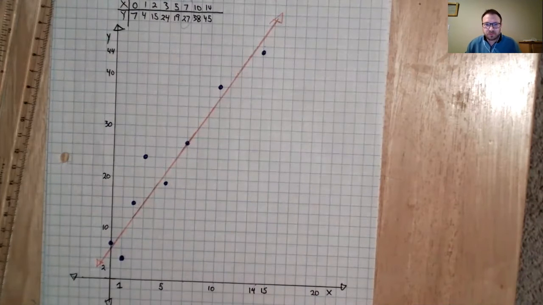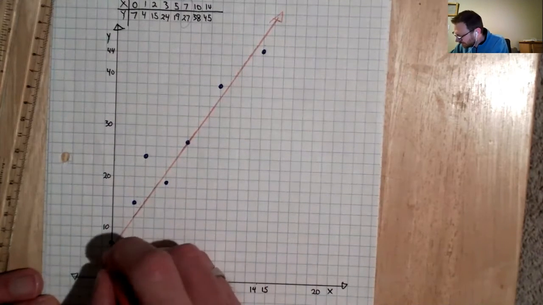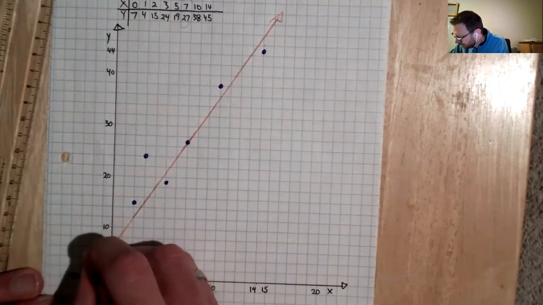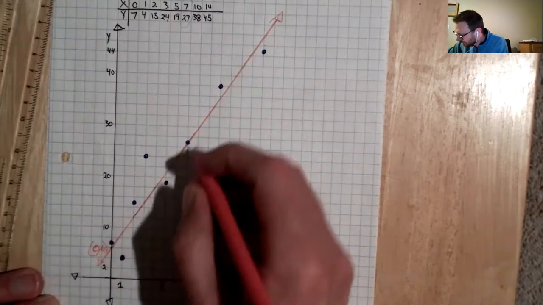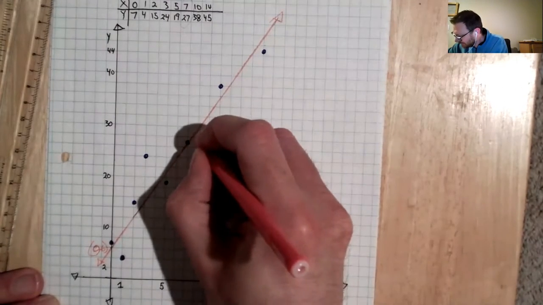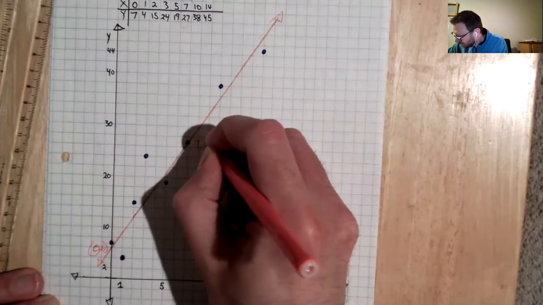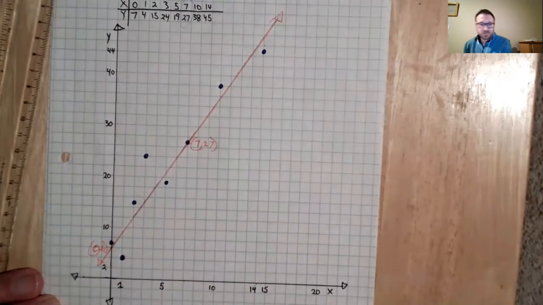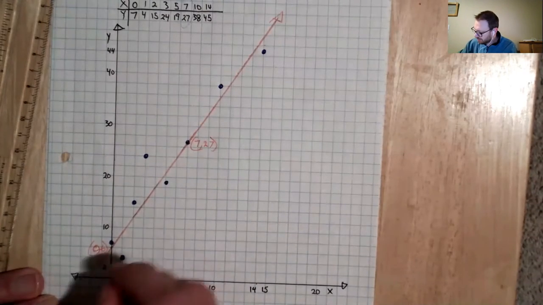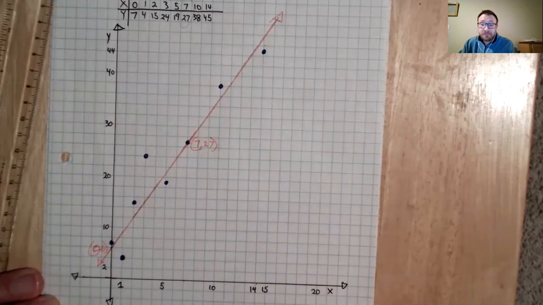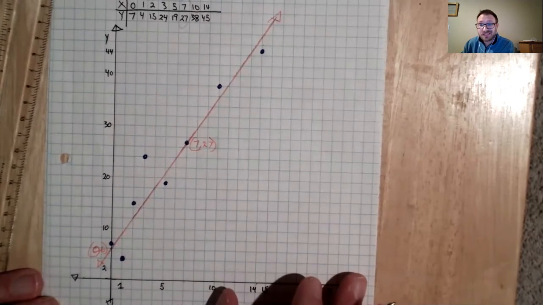I'm not feeling terrible. Now, this point is at 0, 6. This point here, I already said, is at 7, 27, right? I have a y-intercept of 6. I basically just need my slope.